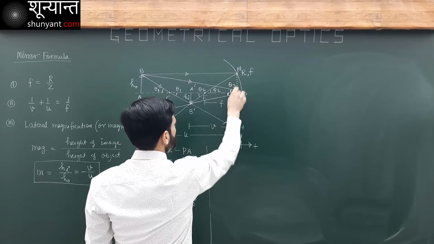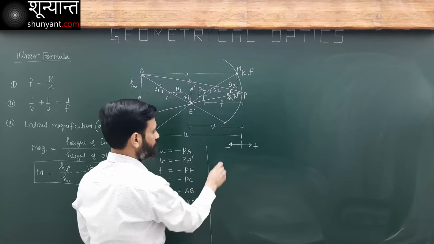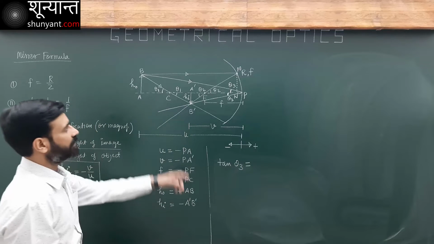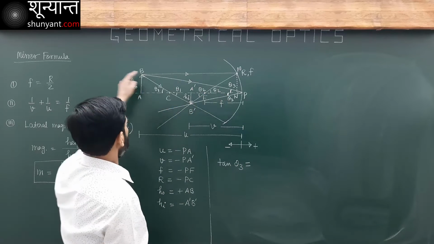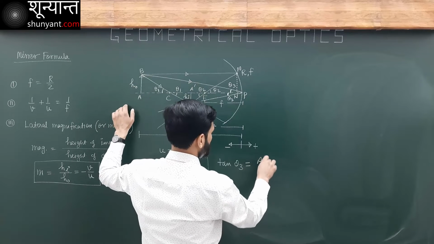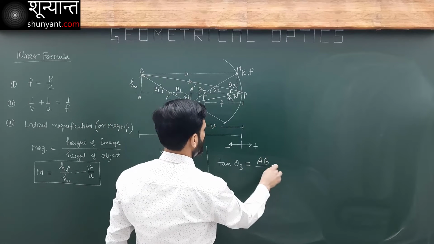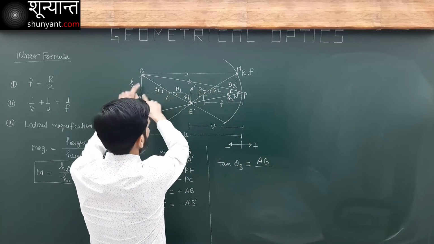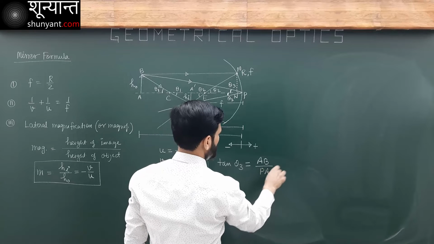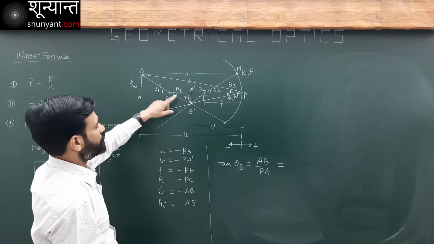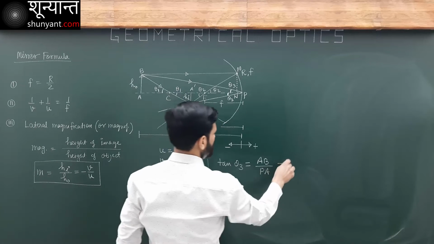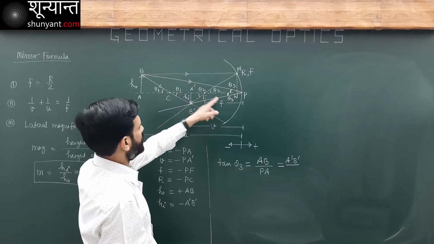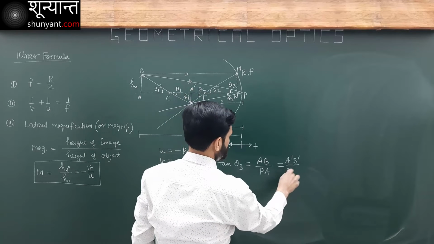This is theta 3, this will be theta 3. I am going to write tan theta 3. Tan theta 3 is going to be equal to AB over PA, which is equal to A dash B dash over PA dash.